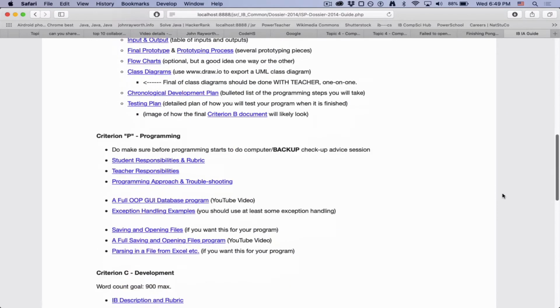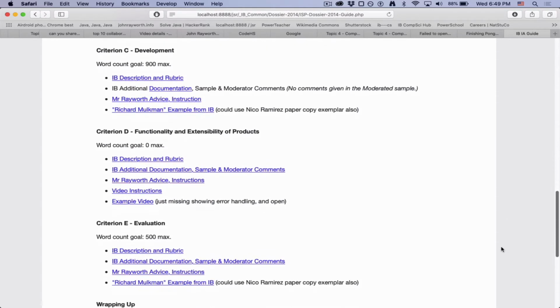Along with programming. Development and functionality and extensibility, these two, C and D, are really more of an IB computer science IA thing for grading. Okay, evaluation comes back into the design cycle, but these two are not necessarily part of the design cycle.